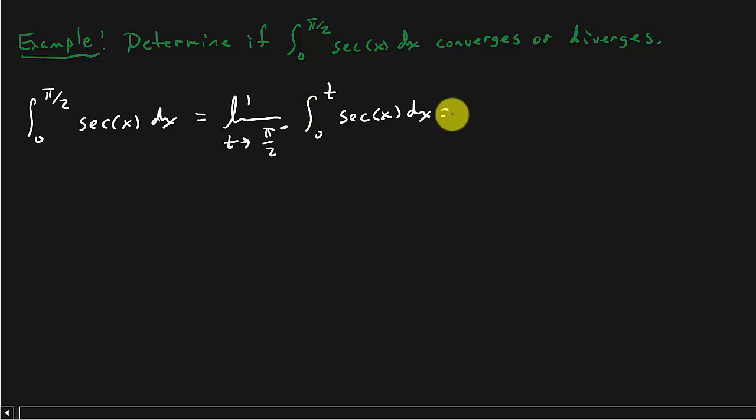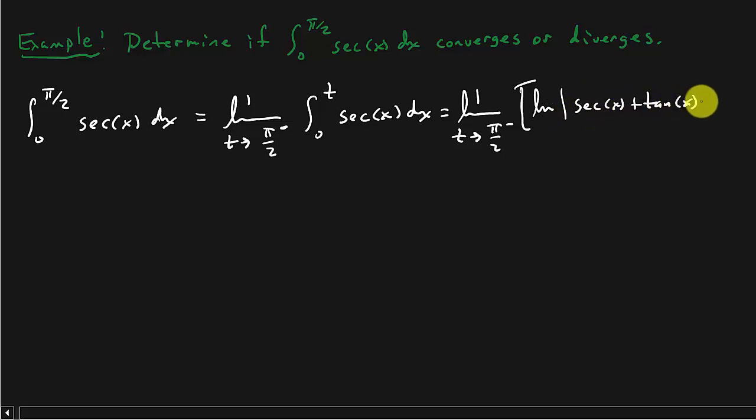So what do we get? We get the limit as t goes to pi over 2 from the left. Now let's integrate this thing. What do we get when we integrate it? That's going to be the natural log of secant x plus tangent x, from 0 to t.